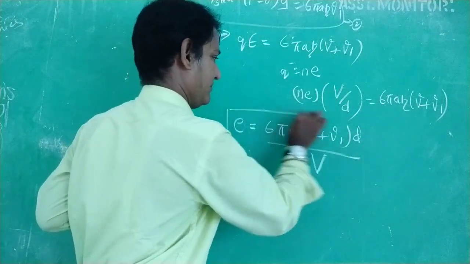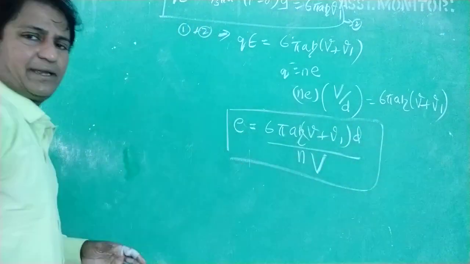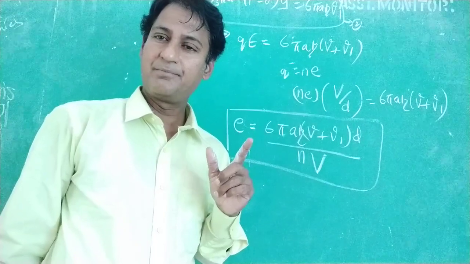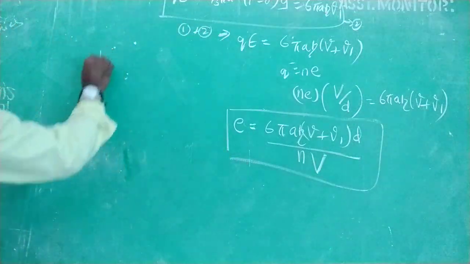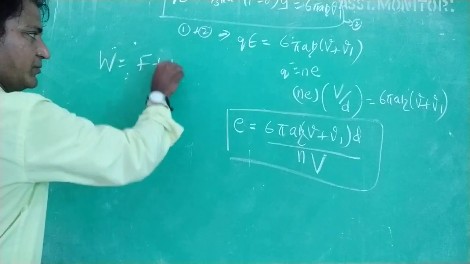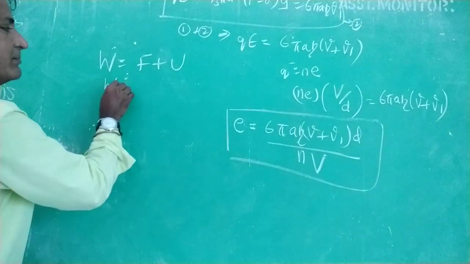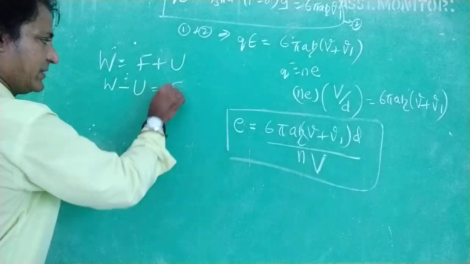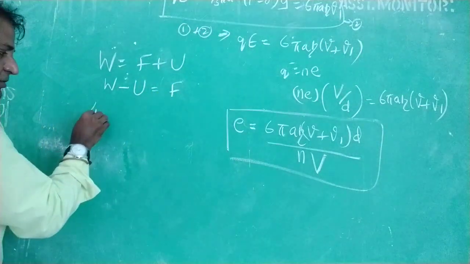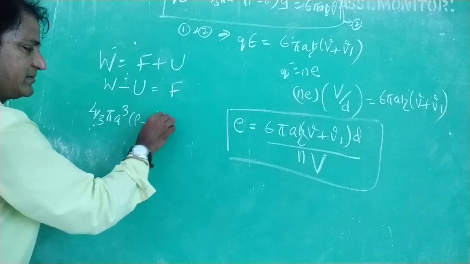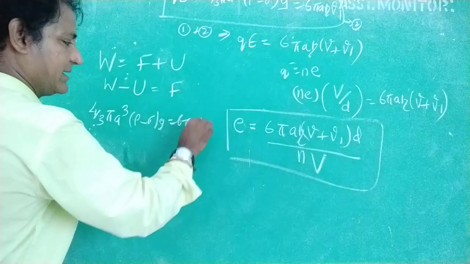What is the radius of the oil droplet? That can be found by using W is equal to F plus U. Here W minus U is equal to F. So 4 by 3 pi a cube rho minus sigma into g is equal to 6 pi a eta V. A gets cancelled.